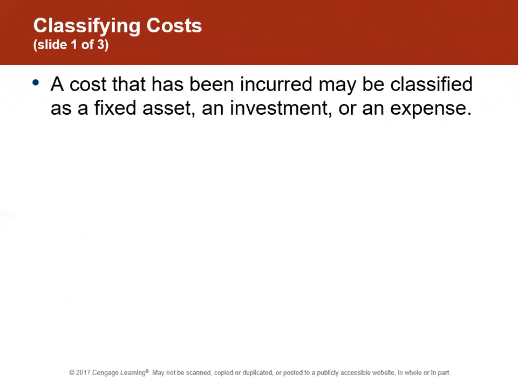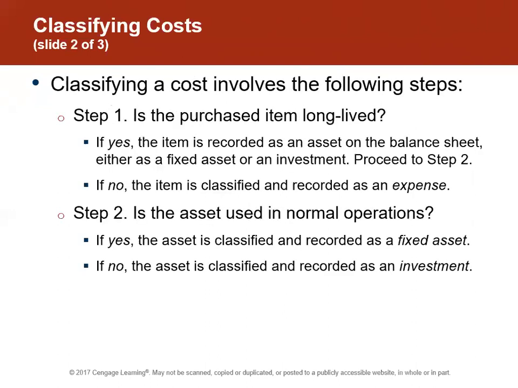On the other side of that, when we're dealing with costing something, cost is something that has been incurred. So that could be purchasing a fixed asset or purchasing an investment or just an expense like rent or utilities or something like that, okay? So when we're looking at evaluating the cost of something, we need to look at how we're utilizing that.